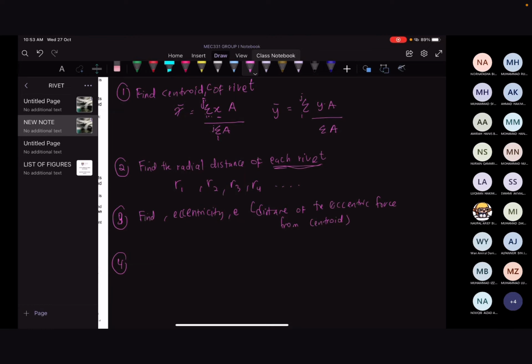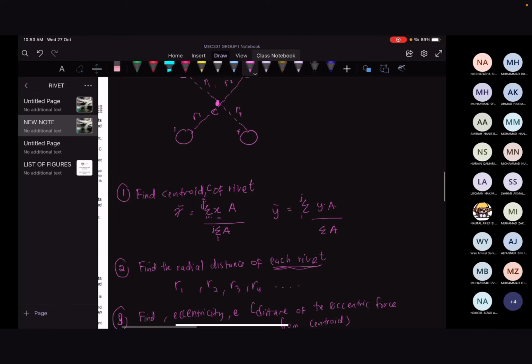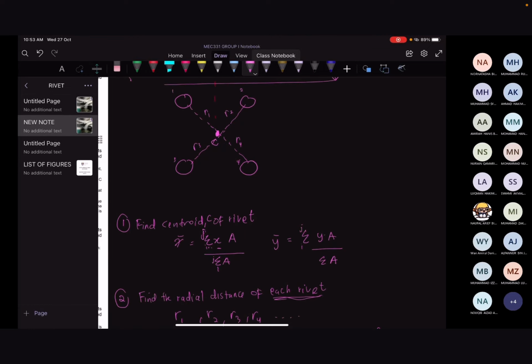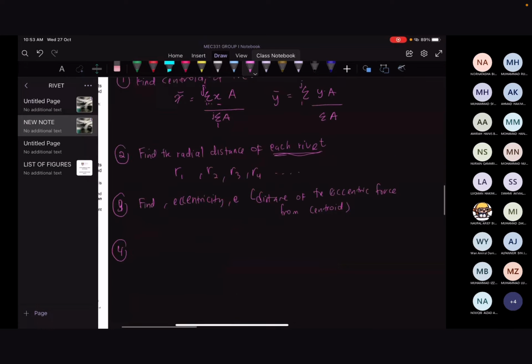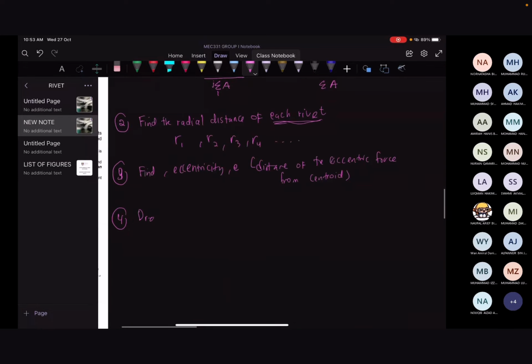Okay, next, what do we have to do? Nombor 4. So after we find the eccentricity, then only we can draw the forces. Draw FBD on each rivet. Okay, draw the FBD on each rivet.